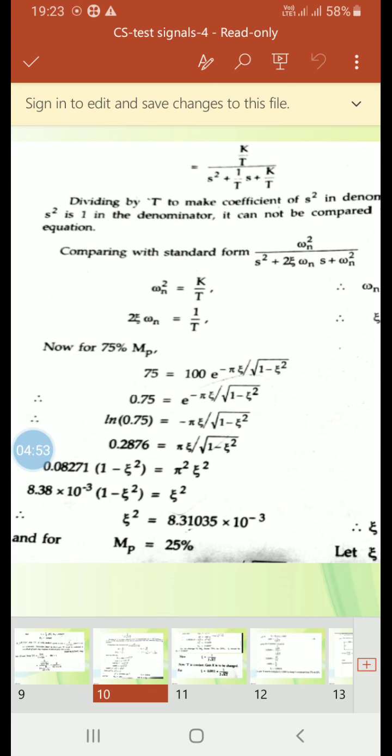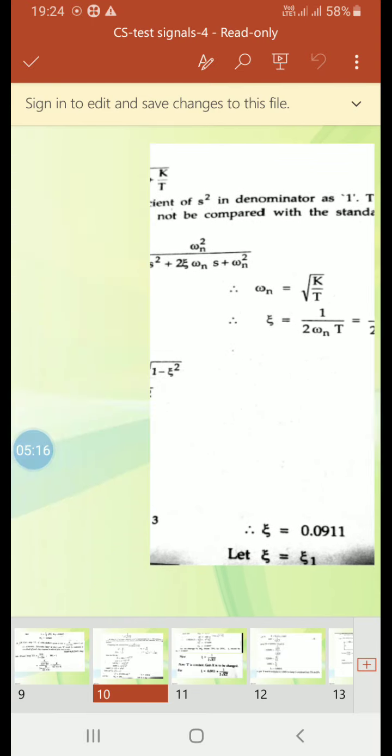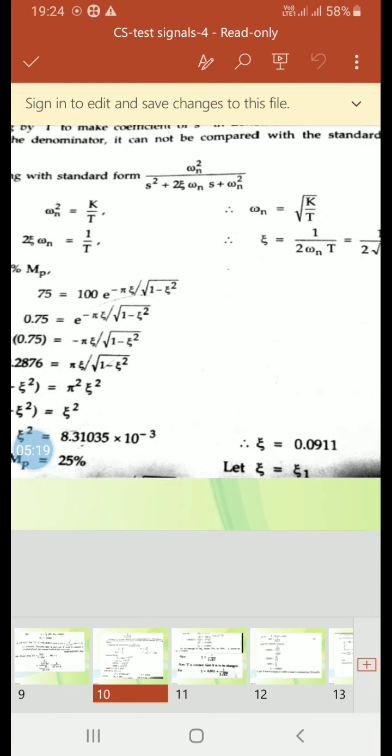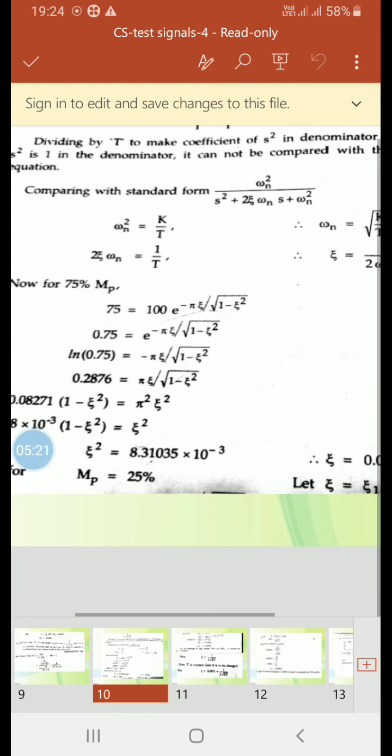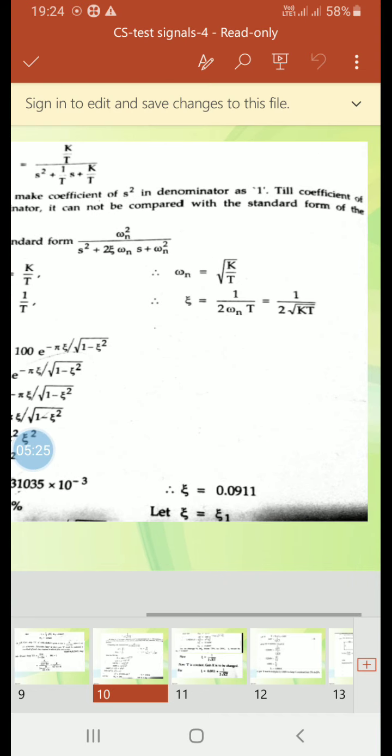Squaring, 0.08271 into 1 minus damping ratio square is equal to pi square damping ratio square. 8.38 into 10 raised to minus 3 into 1 minus damping ratio square is equal to damping ratio square. So damping ratio square is 8.31 into 10 raised to minus 3. So damping ratio is 0.0911.